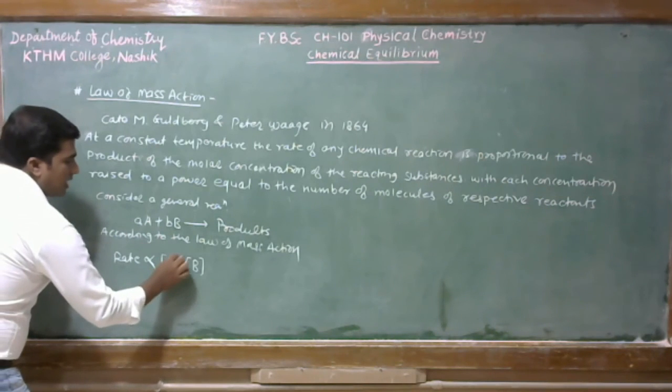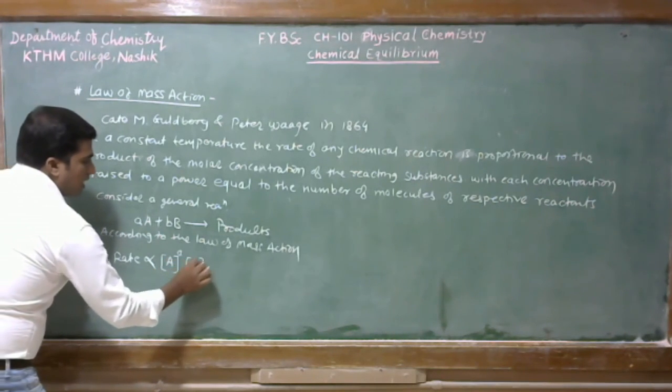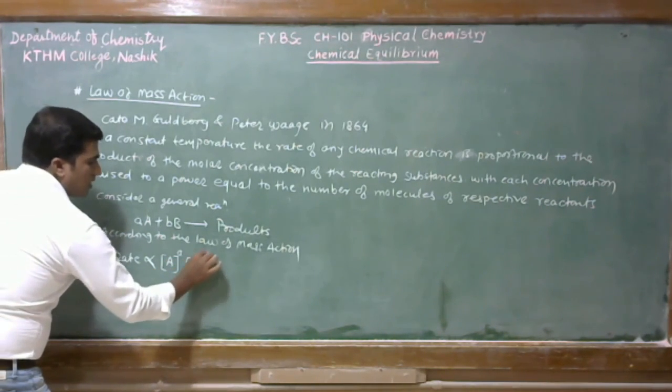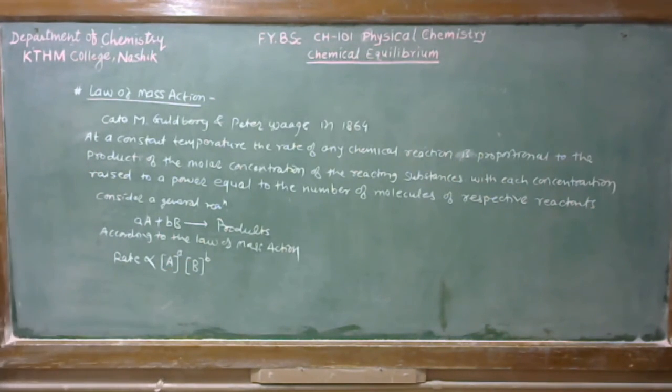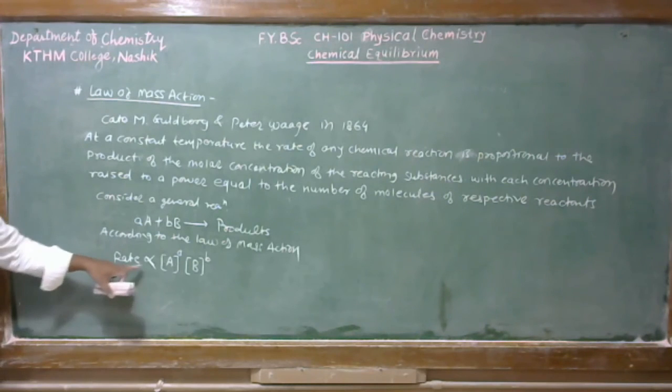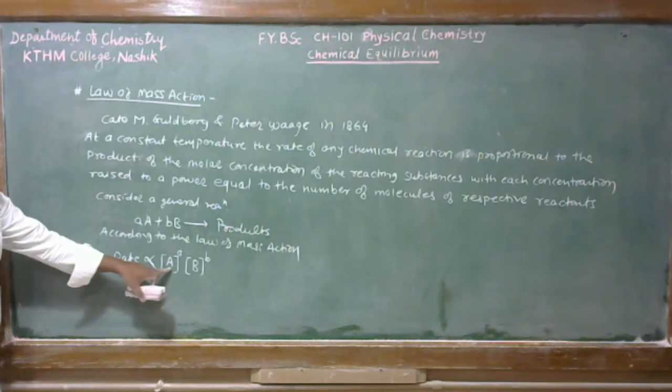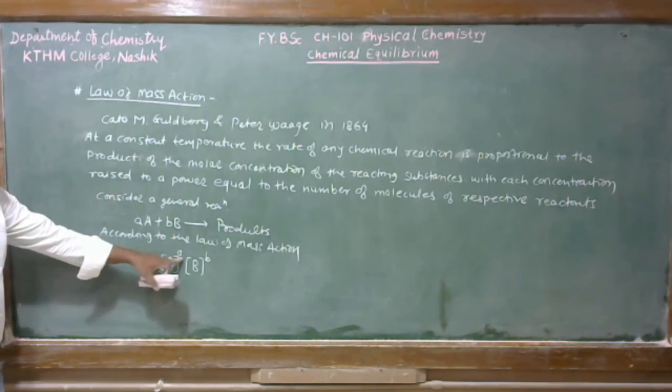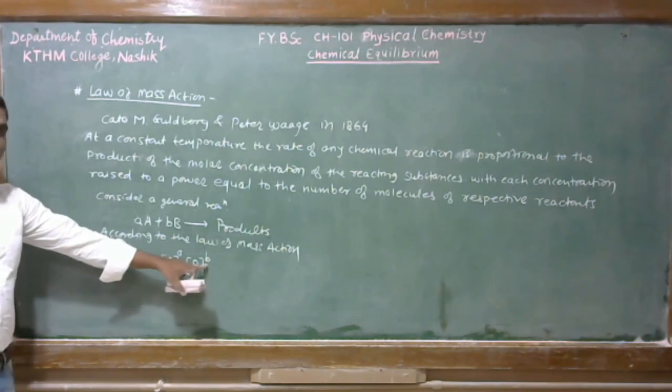So capital A raised to power small a and capital B raised to power small b. Rate is directly proportional to capital A raised to power small a into capital B raised to power small b.